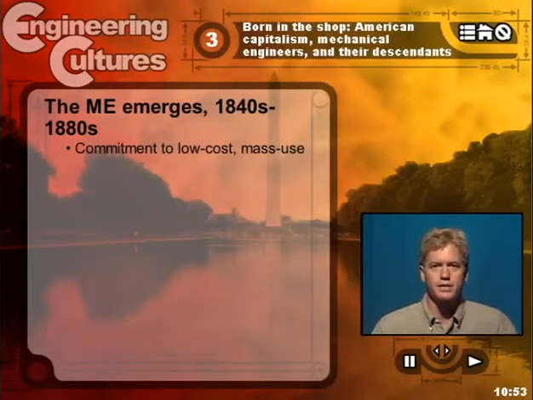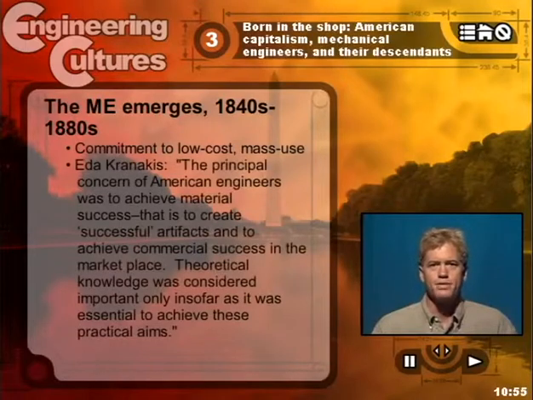As Chronakis puts it, quote, "The principal concern of American mechanical engineers was to achieve material success, that is, to create successful artifacts, and to achieve commercial success in the marketplace. Theoretical knowledge, in contrast with the French, was considered important only insofar as it was essential to achieve these practical aims."